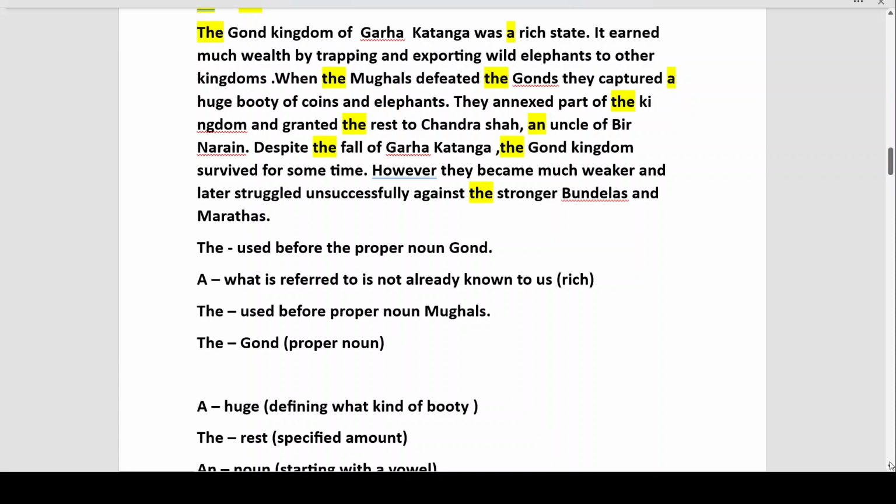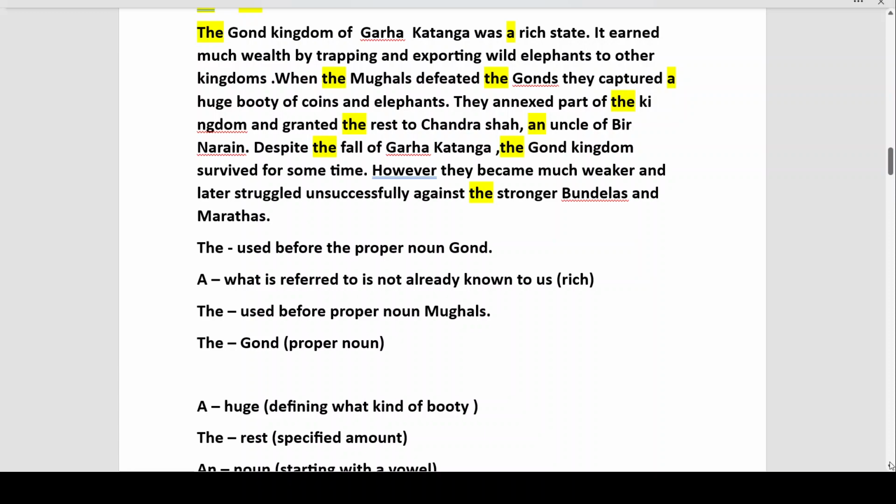Huge, the word huge, which we did not know, but now it is being told to us that they captured a huge booty of coins and elephants, something which was not known to us, which was not specific. We use the indefinite article a or an. So here we will use the indefinite article a because it is placed before huge, which is a word which is starting with a consonant h. Therefore, we use a and not an.